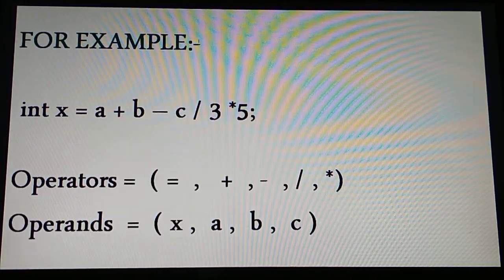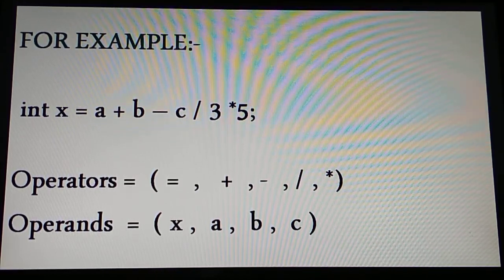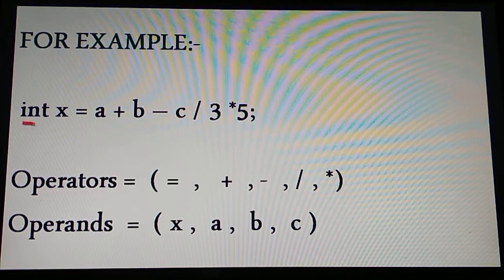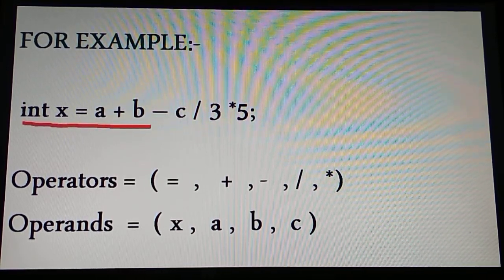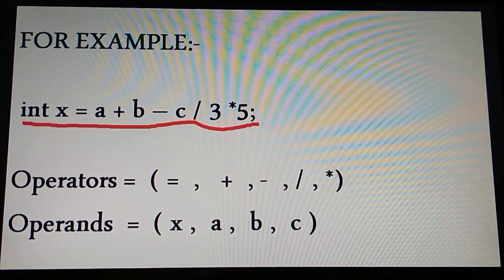Now see here an example of operands and operators. I have written here int x equals a plus b minus c slash 3, meaning divided by 3, into 5.